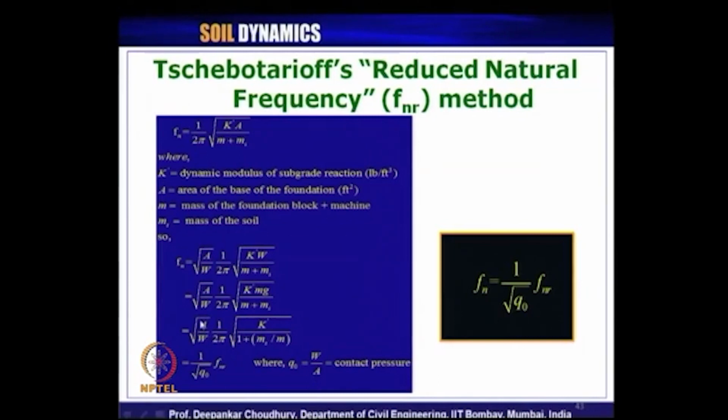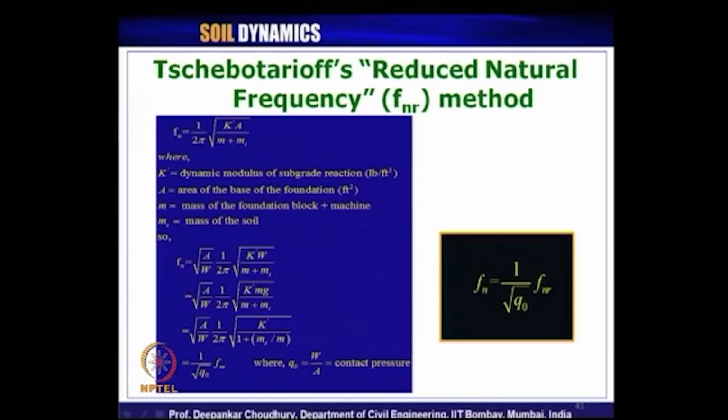So, this root over A by W is nothing but 1 by root over q naught, and this entire term, that is 1 by 2 pi times root over k dash by 1 plus ms by m, is denoted by Shobeteriev by this symbol f n r, which is called reduced natural frequency.